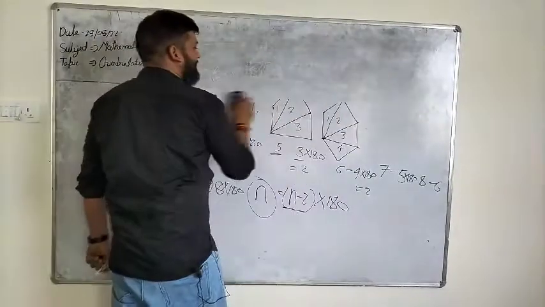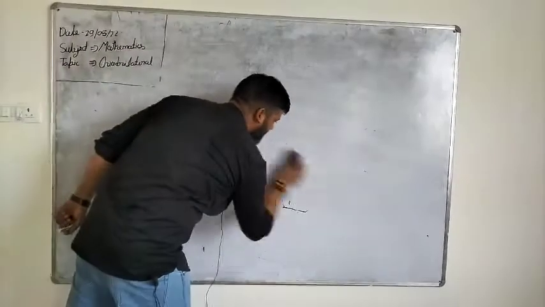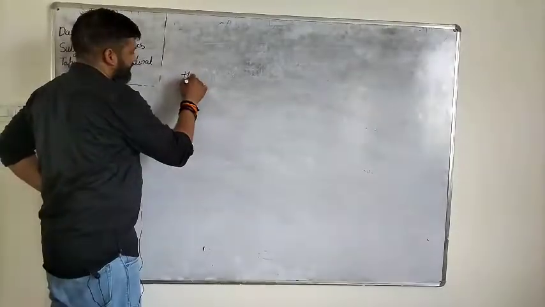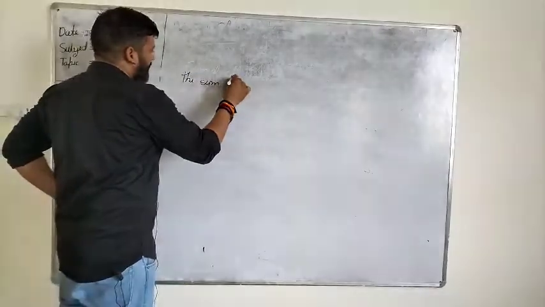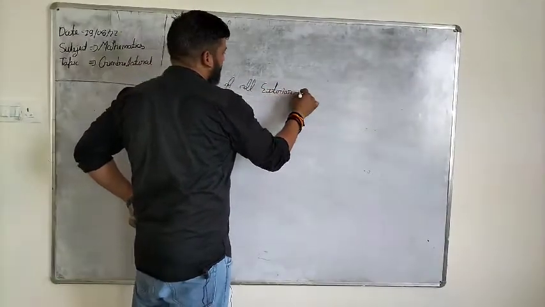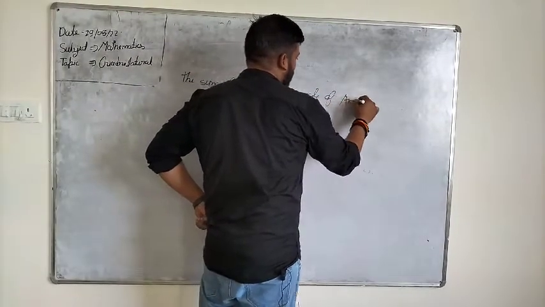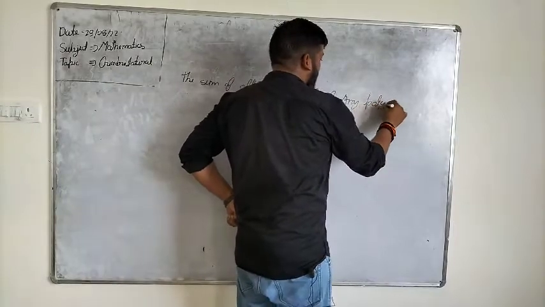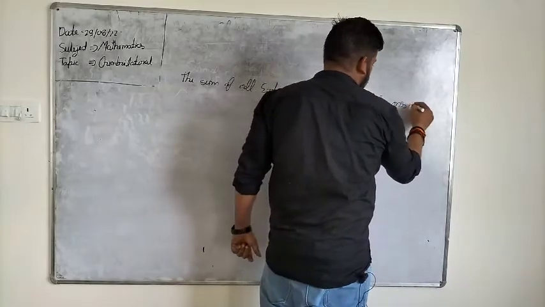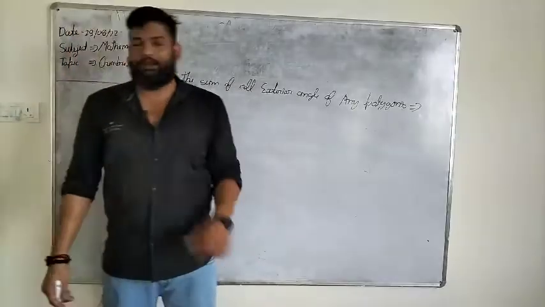Next topic is the sum of all exterior angles of any polygon, any polygon in the sense regular or irregular.